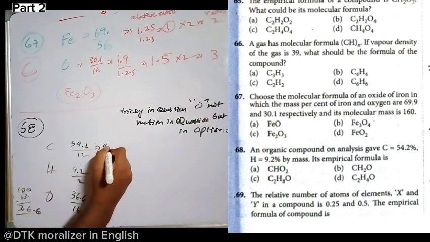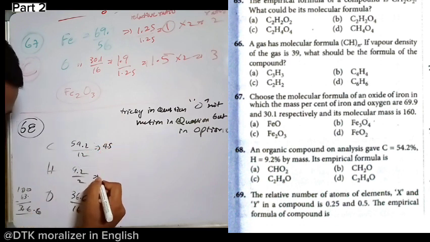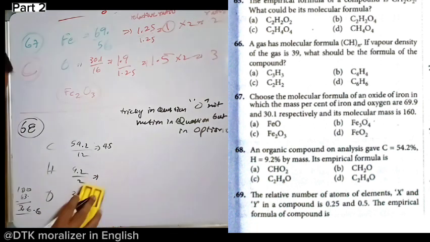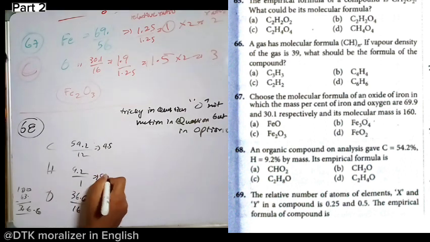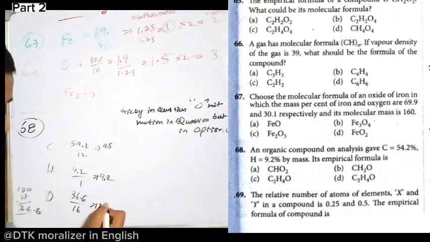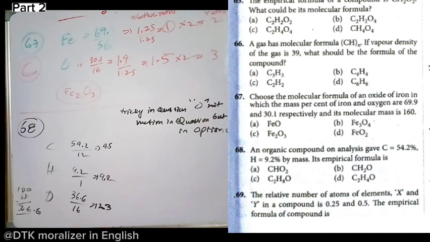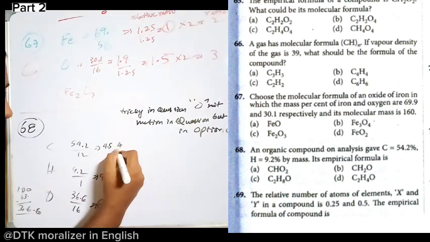By this we get the ratios as 4.5 and 9.2 and 2.3. From this we have to find out the relative ratios.